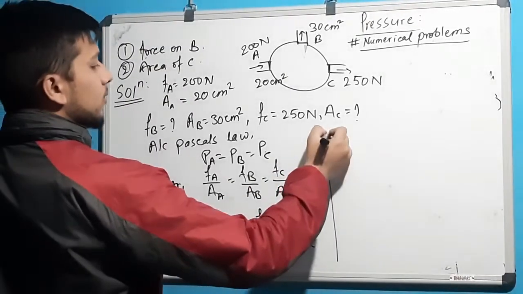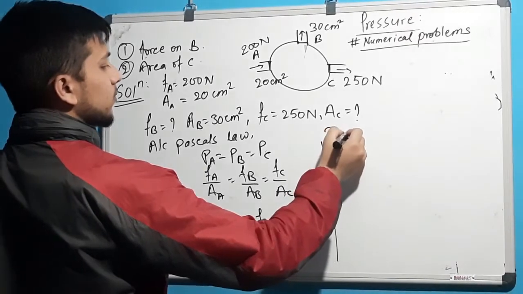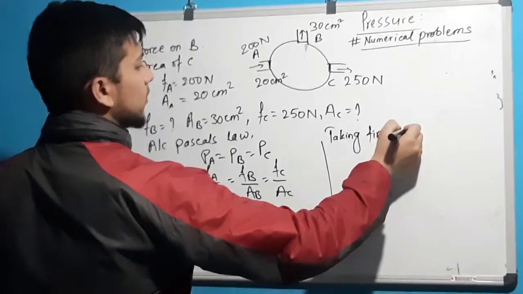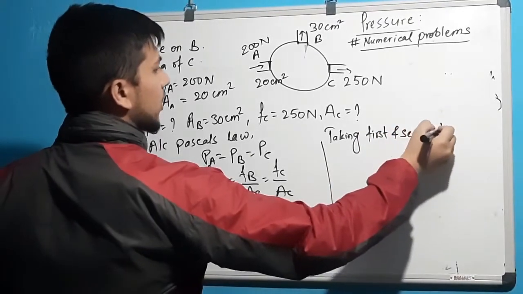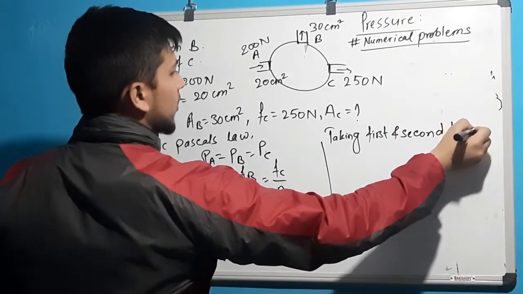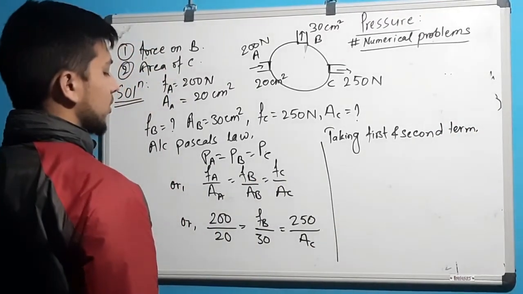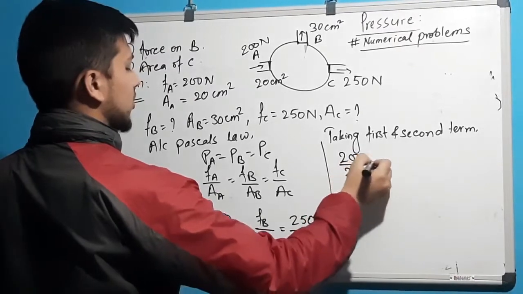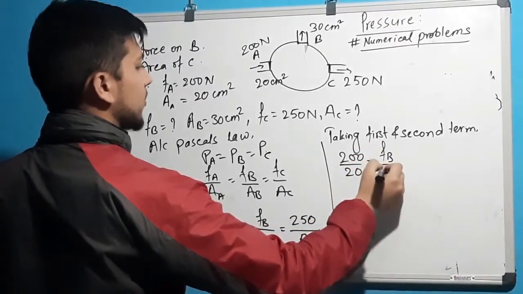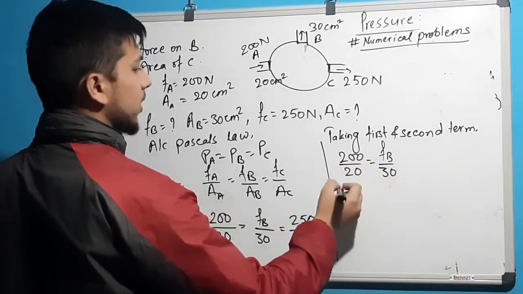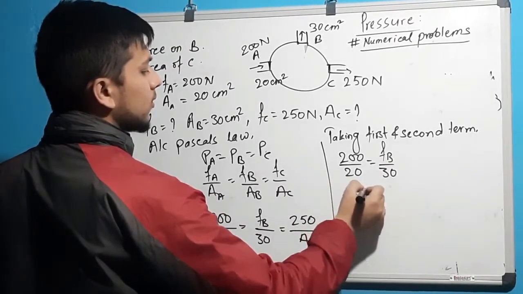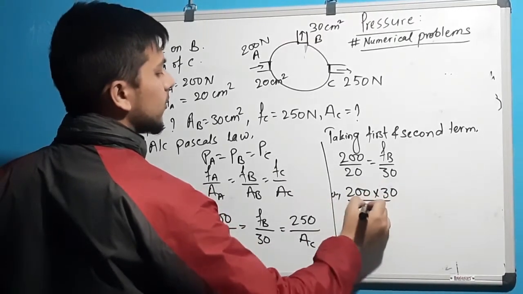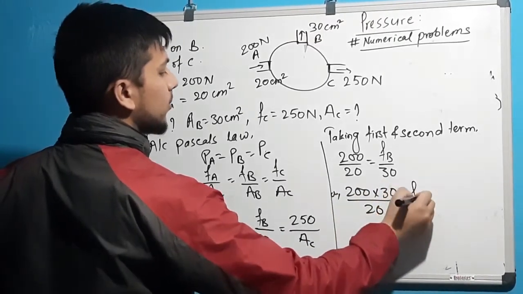Now the first and second term, first or second term लेख्यो भने 200 upon 20 equal to FB upon 30. Now cross multiply this. 200 into 30 upon 20 equal to FB.